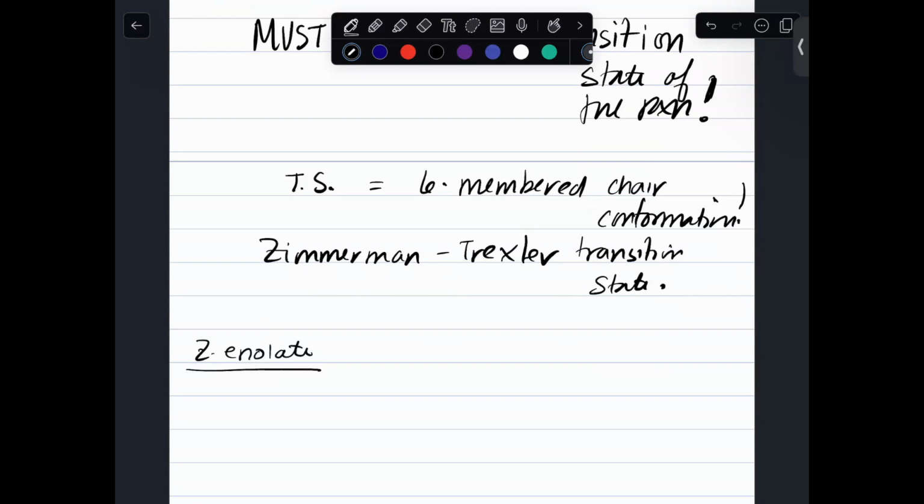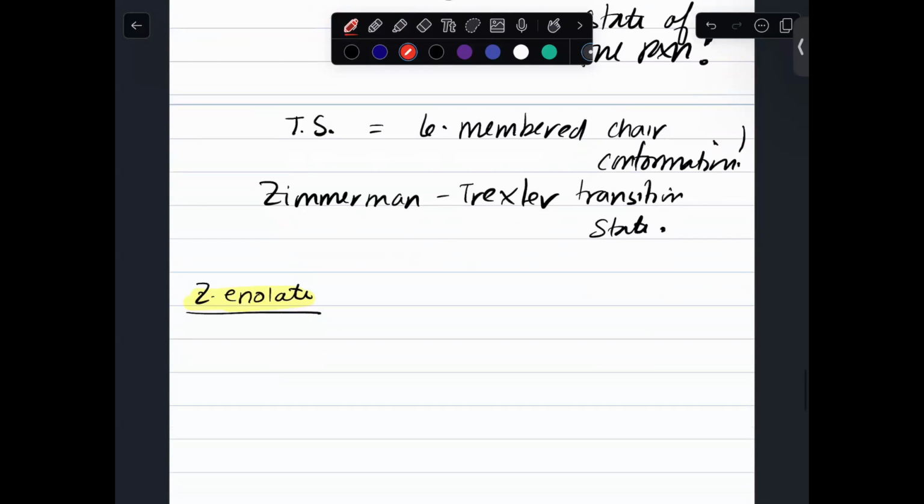I'll draw my enolate in red, and I'll draw my carbonyl compound, i.e. my electrophile, in blue or purple.